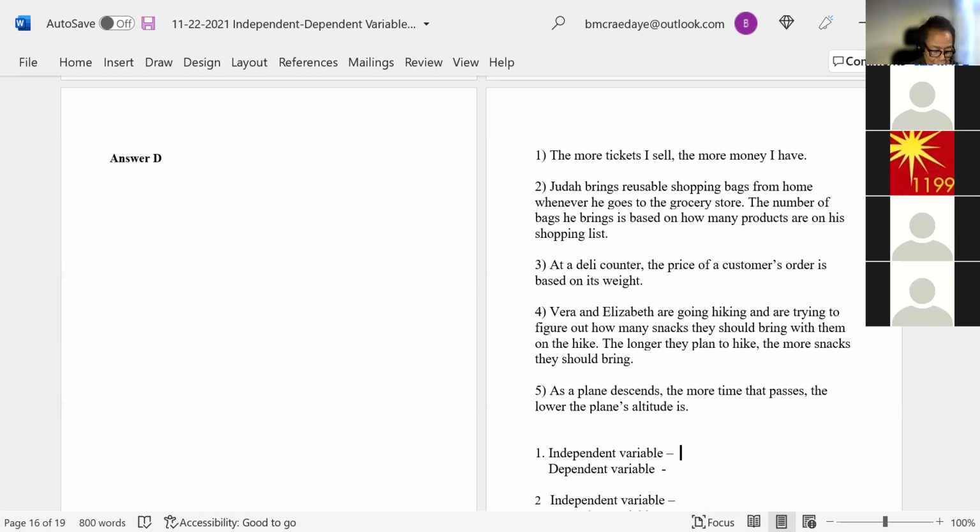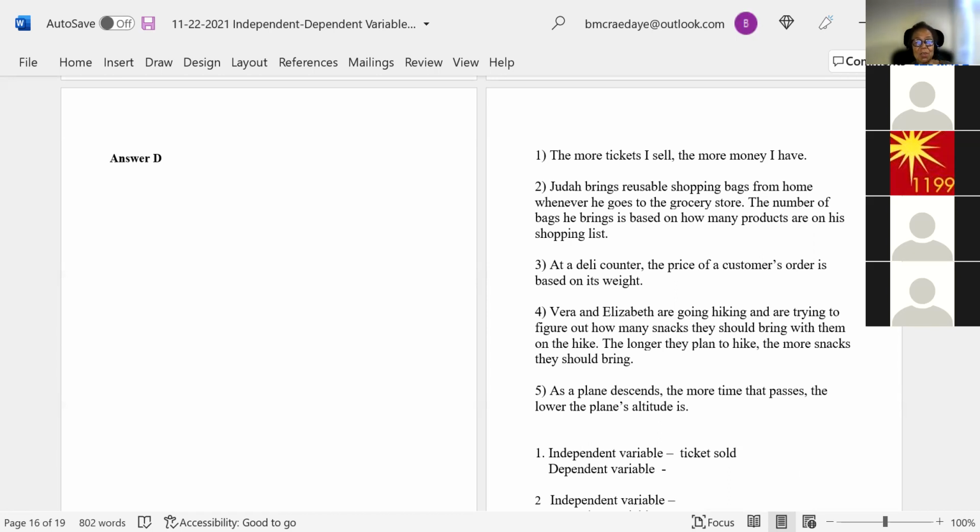Okay, so tickets sold is the independent, so the dependent variable is what? The money.